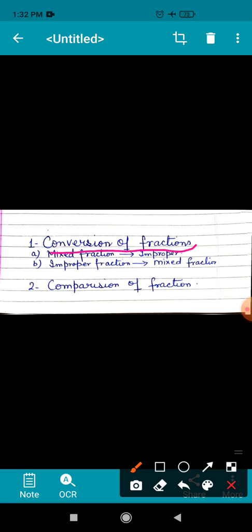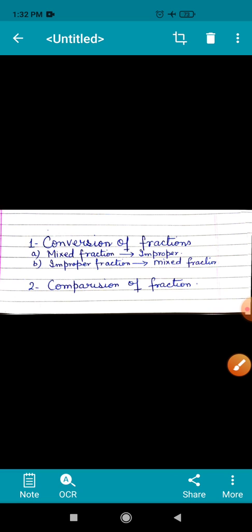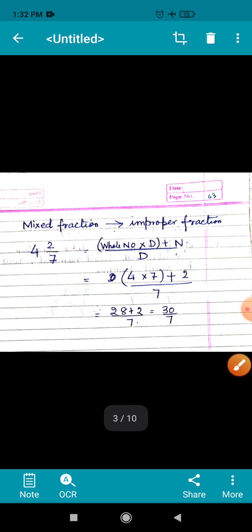Children, we will learn two types of conversion. First one is mixed fraction to improper fraction, and improper fraction to mixed fraction. First of all, let us see what mixed fractions are. Mixed fractions are fractions with a whole number and a fractional number.